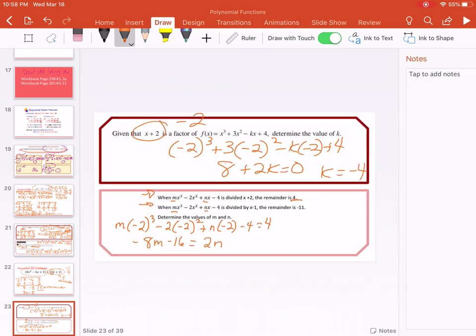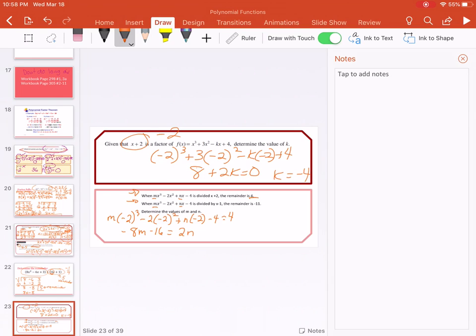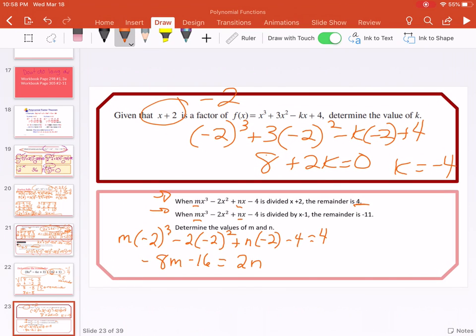Here my zero would be 1 for my factor x minus 1. So I'm going to take that 1, plug it into this second equation, and make it equal to my remainder, which is negative 11.